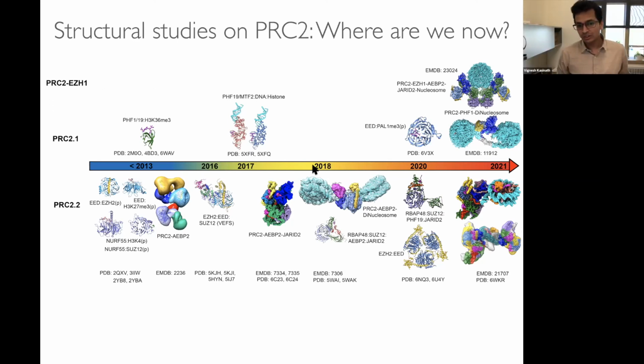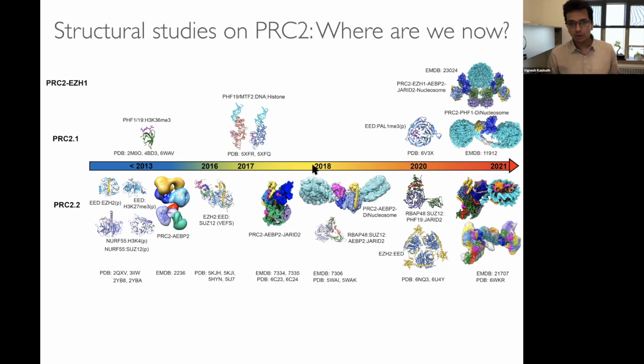Okay, so the first question, how did I pinpoint the segments of JARID2? This was a complicated aspect that I didn't get into, because we only saw cumulatively about 40 amino acids of JARID2 bound to PRC2 in our first study, and JARID2 is 1,271 amino acids. A lot of it is unstructured, and probably just like in the case of the nucleosome, some parts may become ordered given the right substrate and the right binding partner.